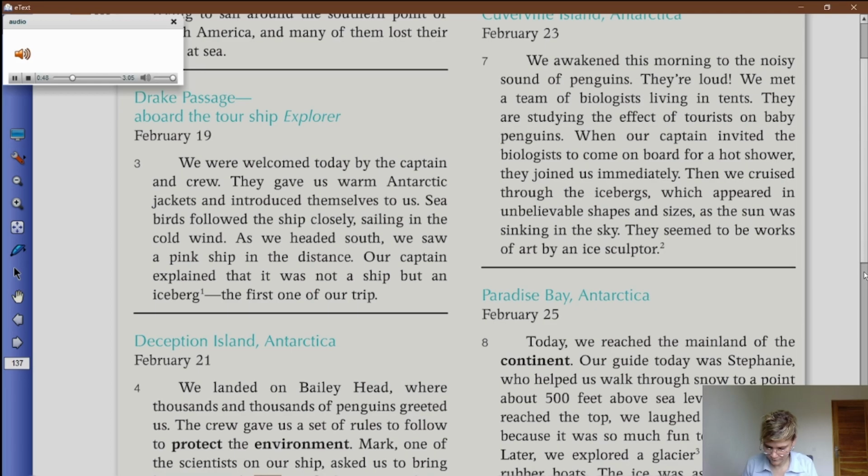Deception Island, Antarctica, February 21st. We landed on Bailey Head, where thousands and thousands of penguins greeted us. The crew gave us a set of rules to follow to protect the environment. Mark, one of the scientists on our ship, asked us to bring him any trash that we find.